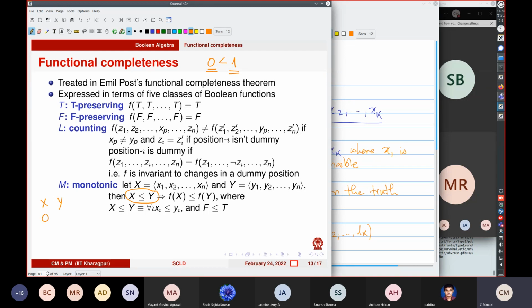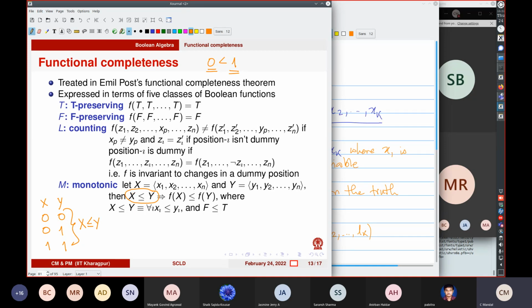If x is 0, y can be 0 or y can be 1. And if x is 1, then y can only be 1. So these are the three values which satisfy x less than or equal to y.